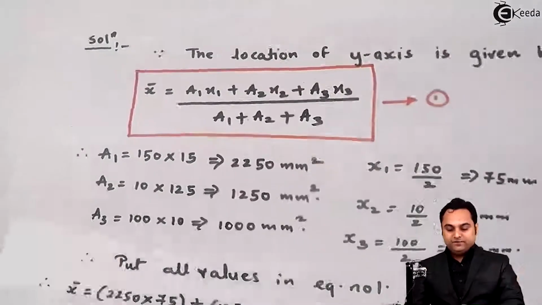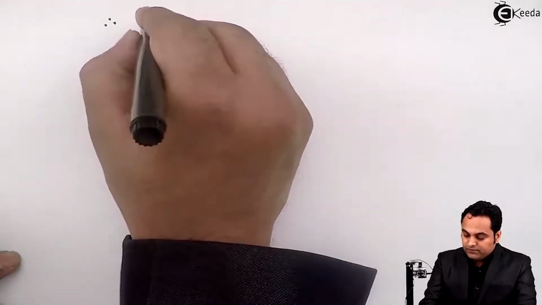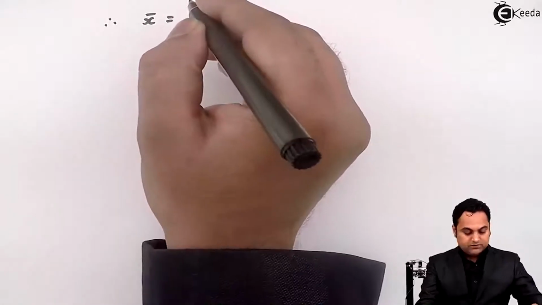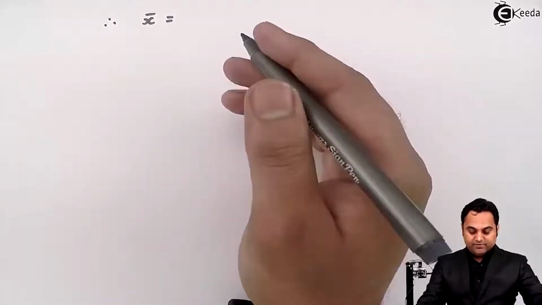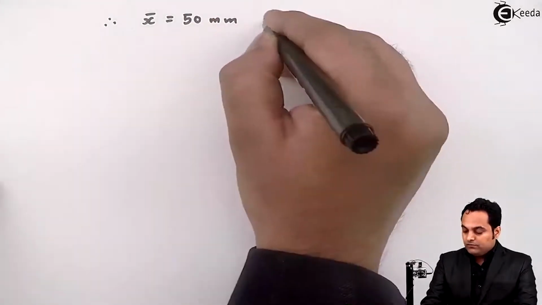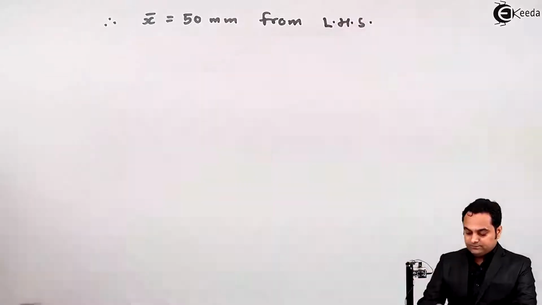So I am getting x bar value, it comes out to be 50 mm from LHS, that is left hand side.